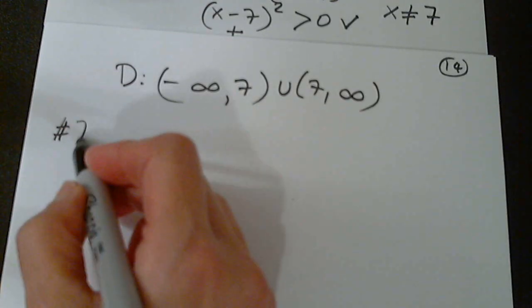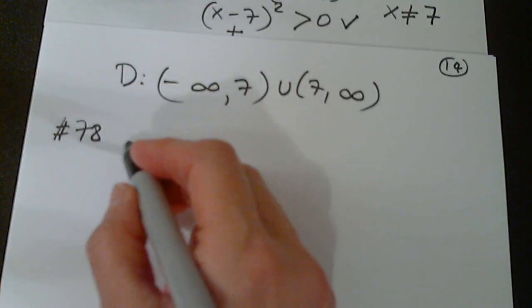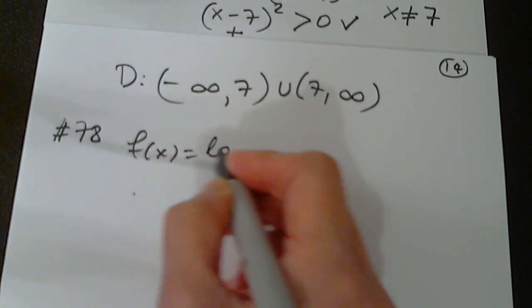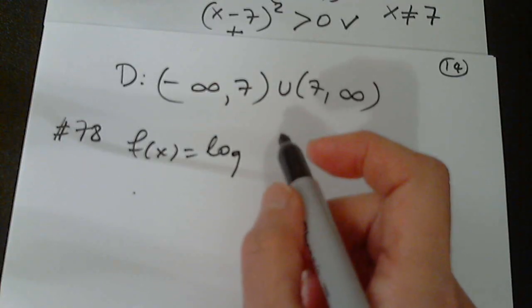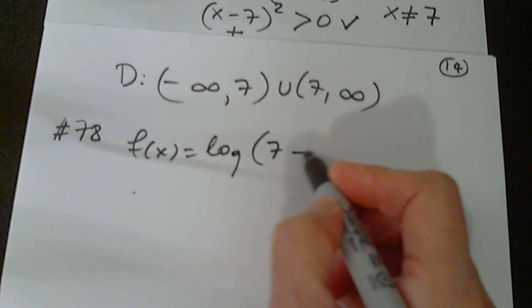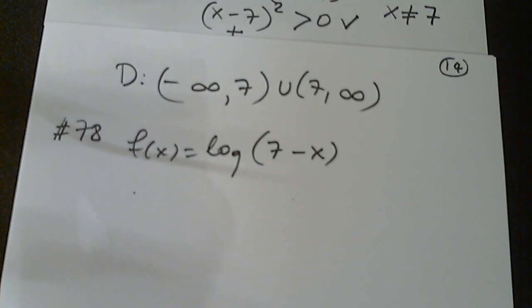78. Okay. In 78, we have f of x equals common log, because it's base 10. If the base is missing, it's common log. If it is ln, I know it's base e. So the same question, we are asked to find the domain of this function.